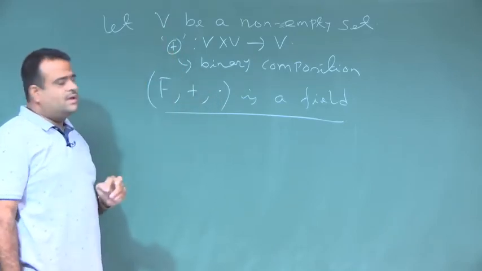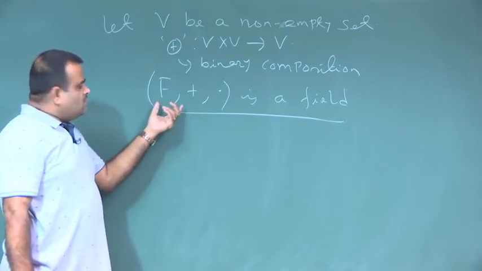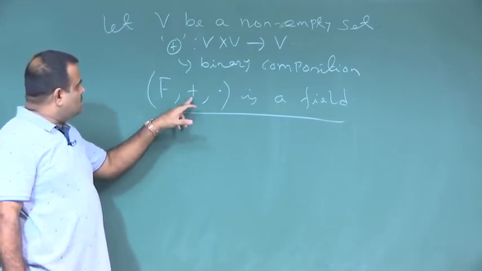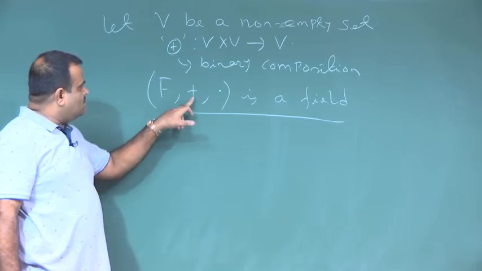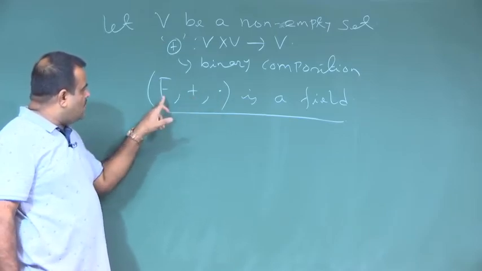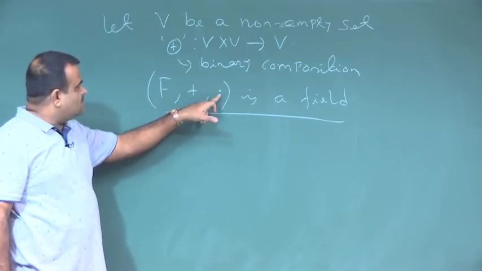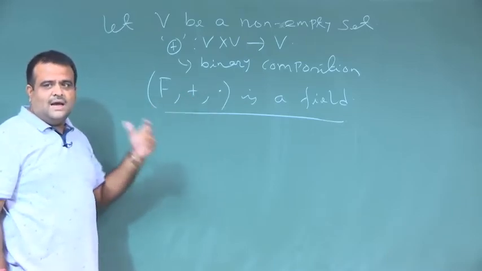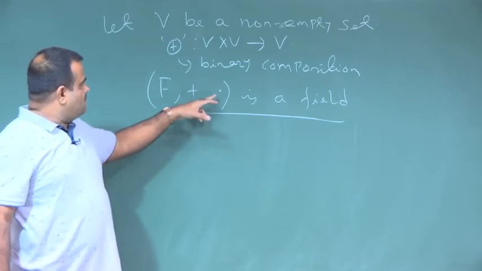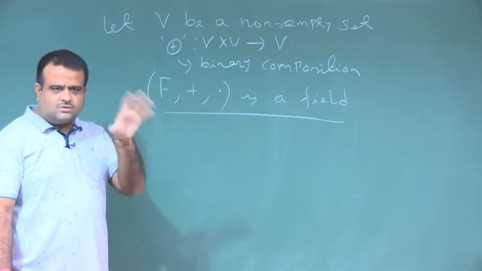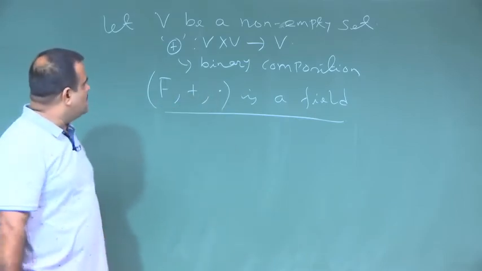We know the definition of the field: it forms an abelian group with plus, with 0 as the additive identity; other than 0 it forms another abelian group with dot; and we have the distributive law between dot and plus. Those properties are there for the field.